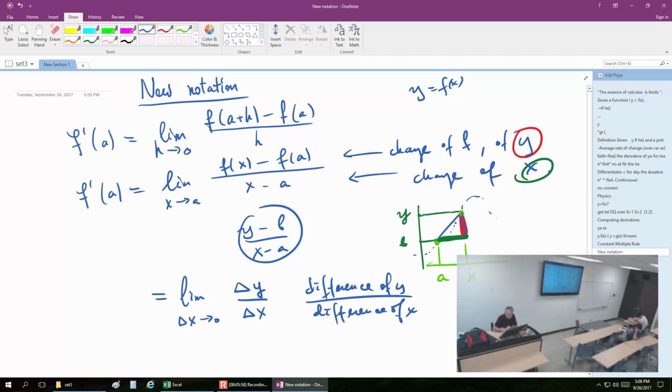So delta x goes to 0, then delta y goes to 0, and we have the same fraction. It's just a different notation, and it is used very commonly, with delta once again standing for the difference. And then the notation for the derivative is also different, and comes from this idea.